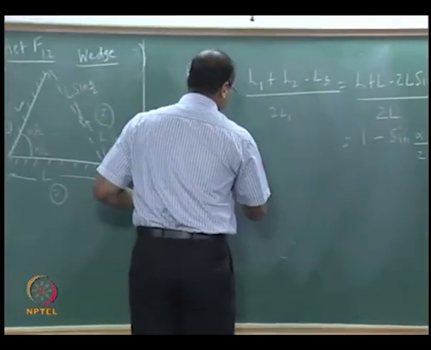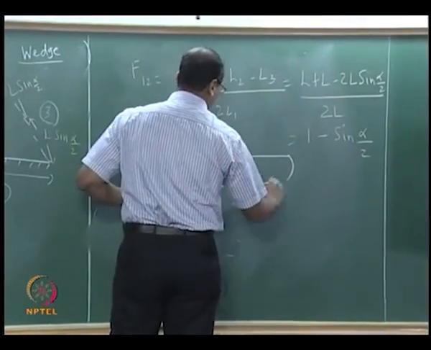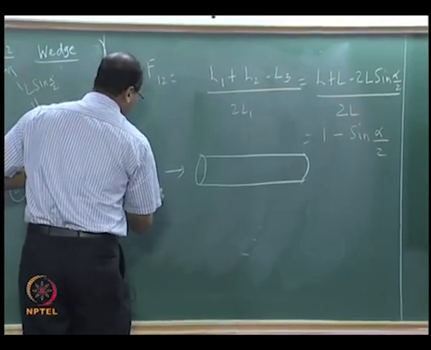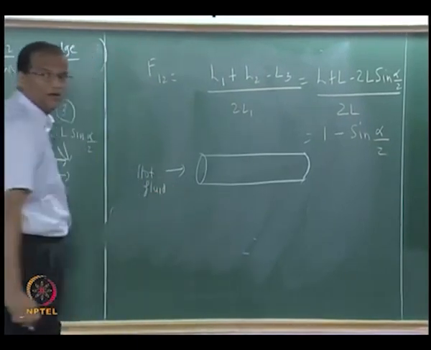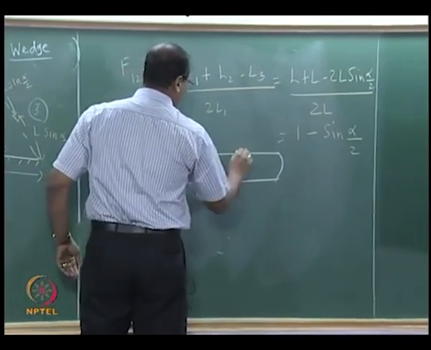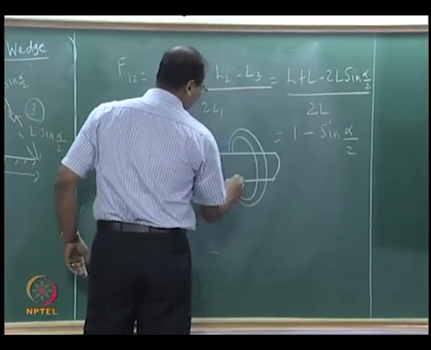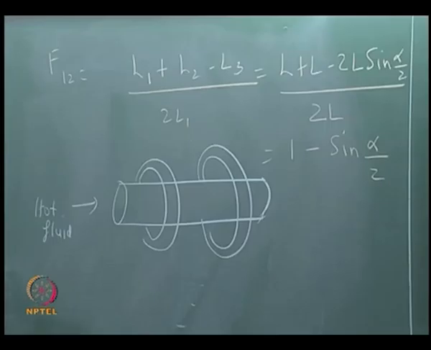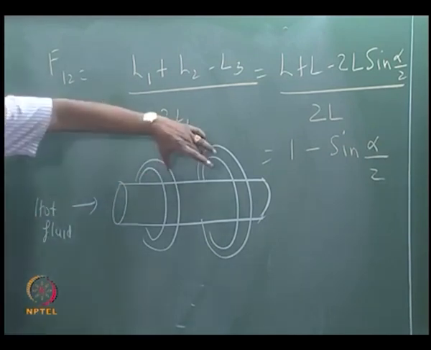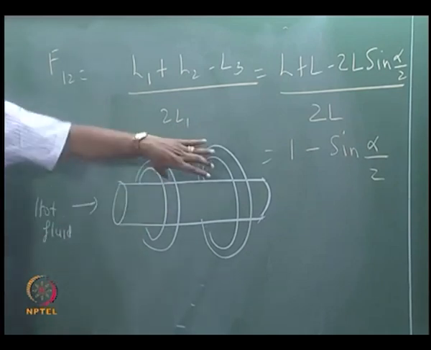Suppose you have a hot fluid, and you have got fins. This can be used in both terrestrial applications as well as in outer space. These fins need not be of a constant area fin, you can have a trapezoidal fin. Then if you look at this configuration, it will be like a wedge in between, right.